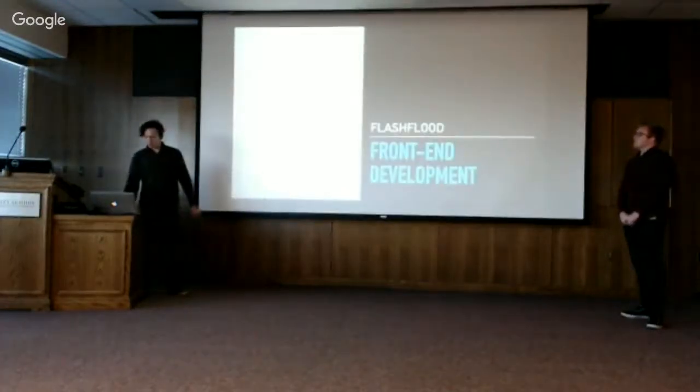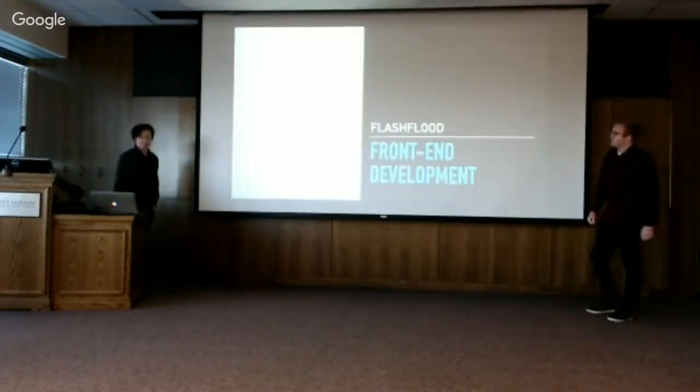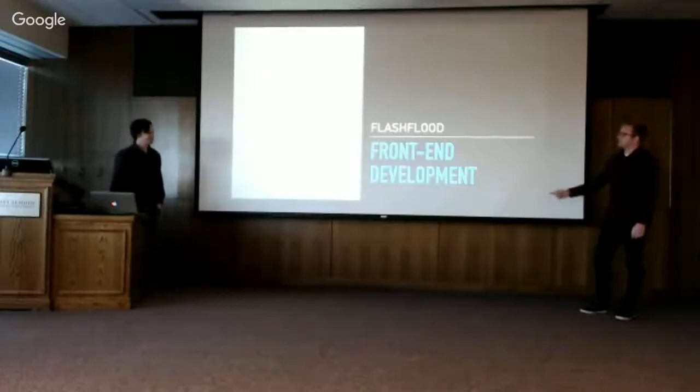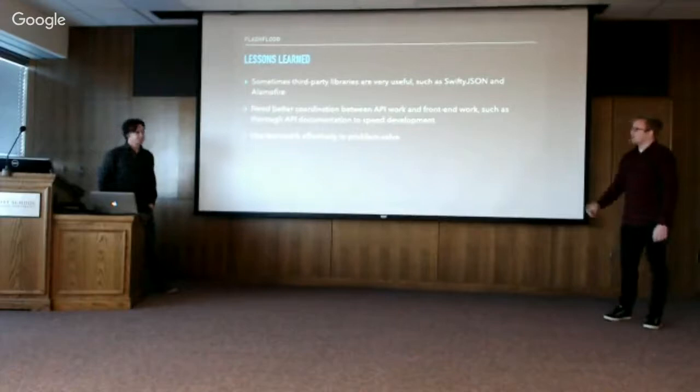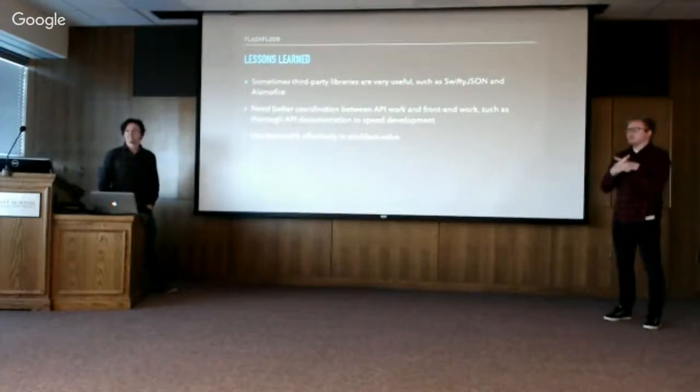So let's go ahead and do the front end. The front end, that means Swift. Some lessons learned. First off, third-party libraries can be very useful. Sometimes people use too many third-party libraries.